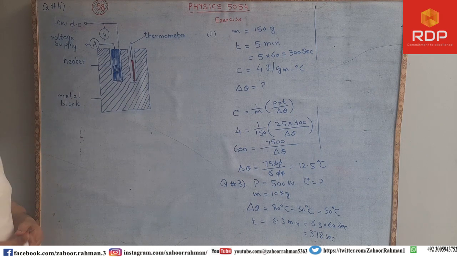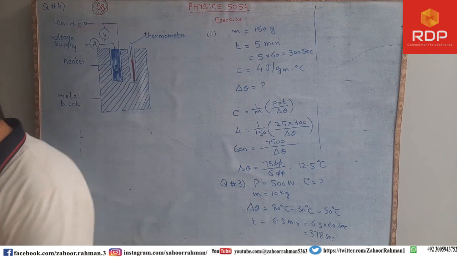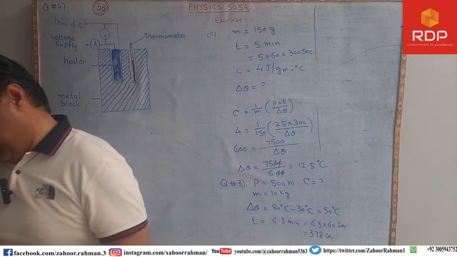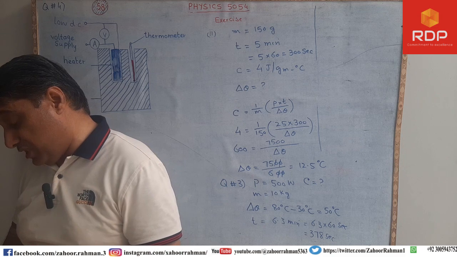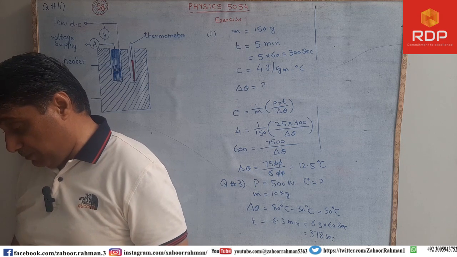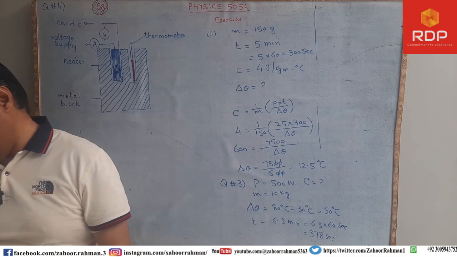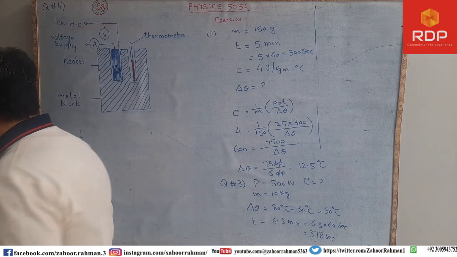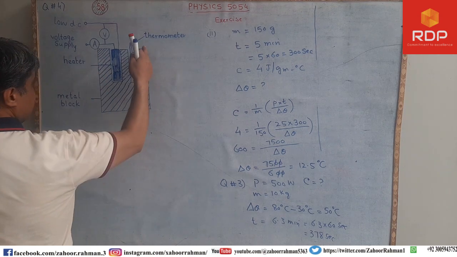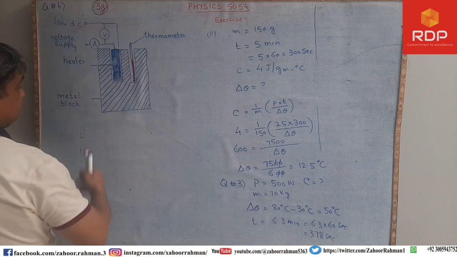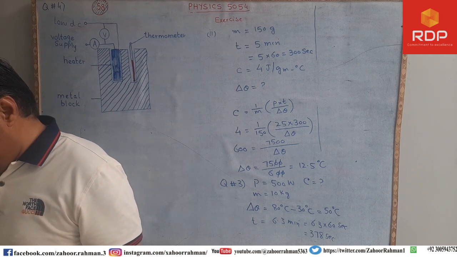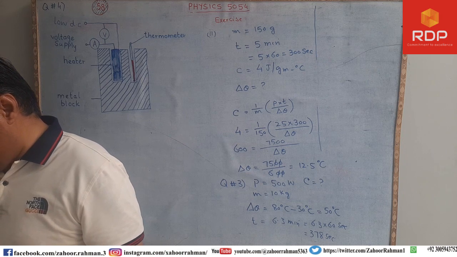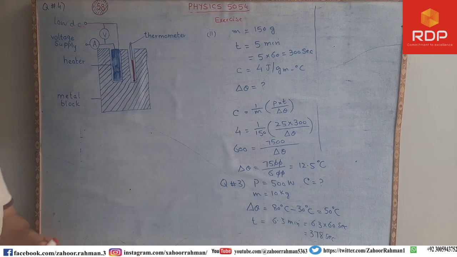Okay, ladies and gentlemen, this figure is given and they are saying the arrangement shown in the diagram is used to determine the specific heat capacity of an unknown metal block, which is this one. This is the metal block. It is written here. The circuit is switched on for a time interval of 500 seconds.